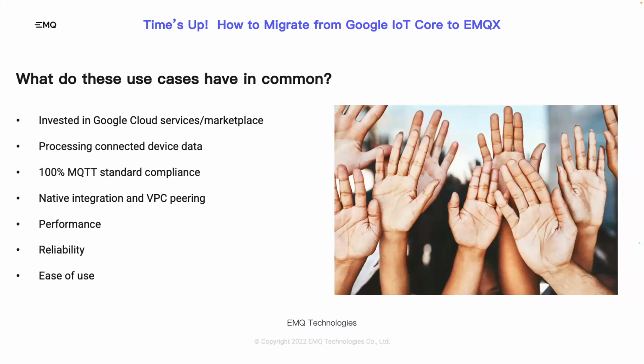They may offer part of the MQTT spec, but not all of it. Some of them support other protocols as well. But typically the people we are working with are interested in taking advantage of MQTT 5, quality of service level 2 messaging, and other features of the MQTT specification. So that's an important commonality here.